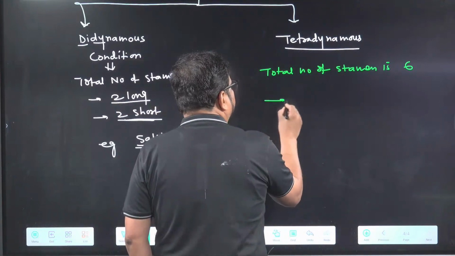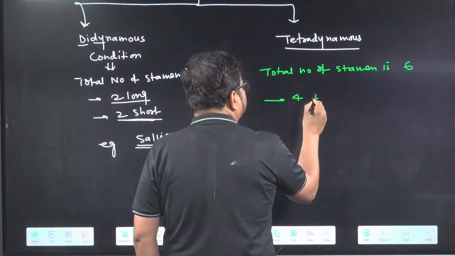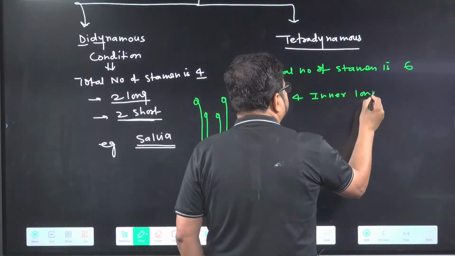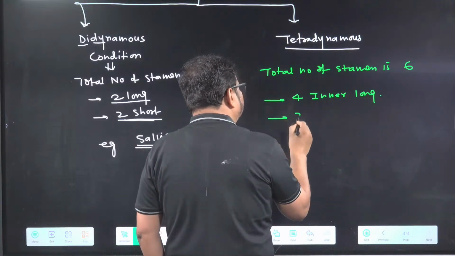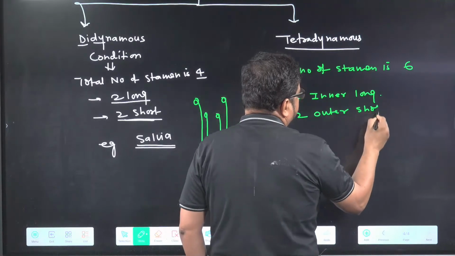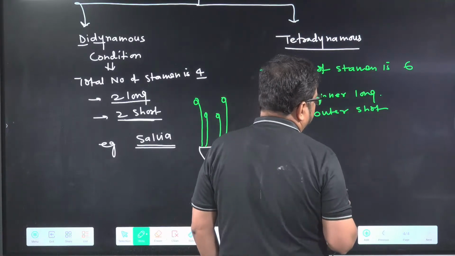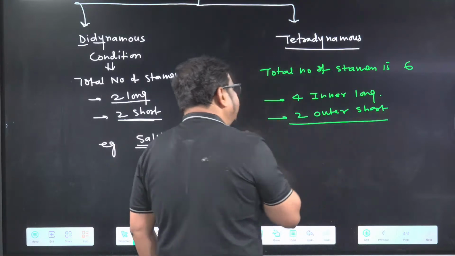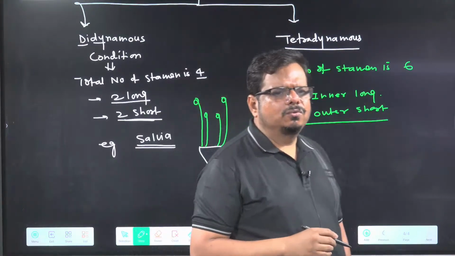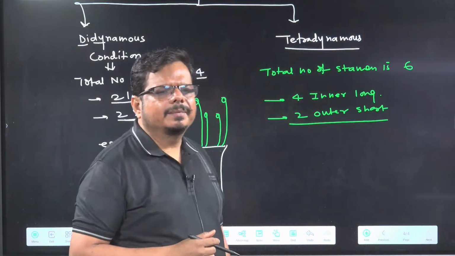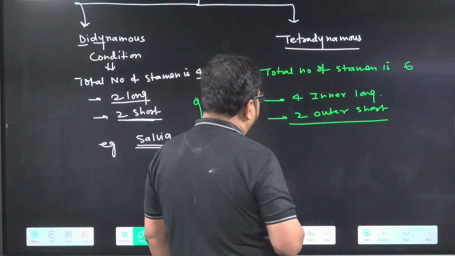Now 4 inner are longer and 2 outer are shorter. Clear in the mind? So it is tetradynamous condition.